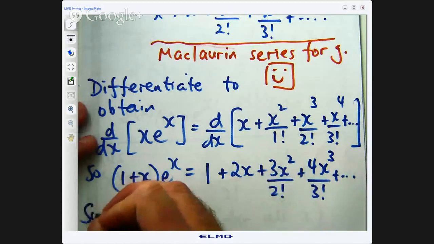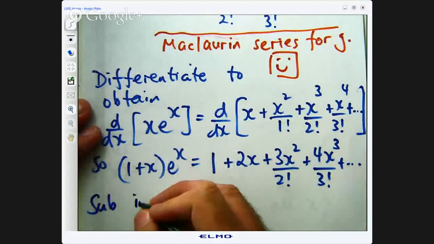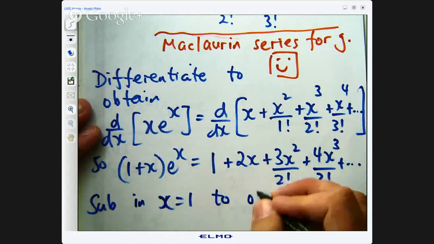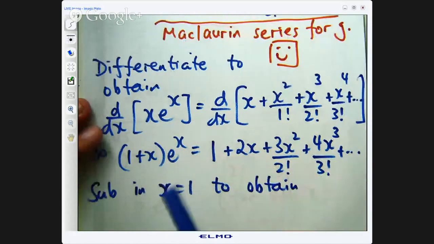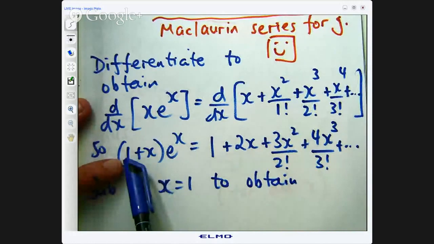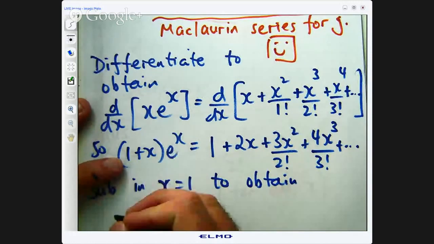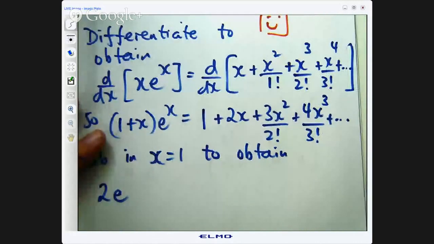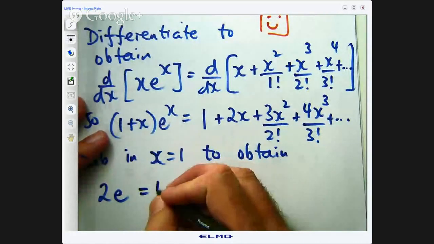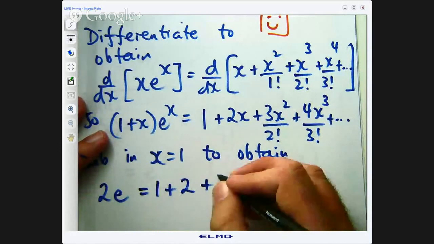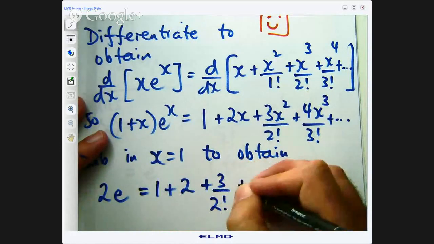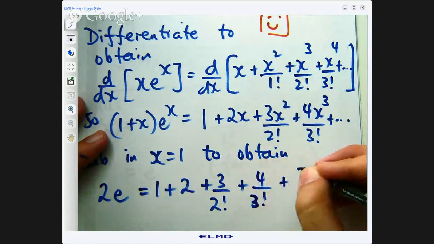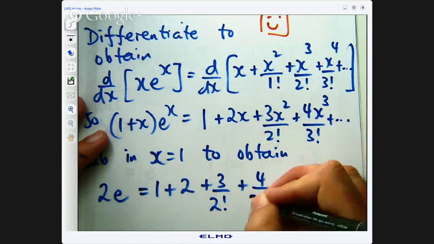So let's put in x equals 1 to obtain, okay, so on the left-hand side, I'm going to get 2e. Remember, e is just a special constant, which is about 2.7183. And on the right-hand side, I'm going to get this. Okay, I can continue that on. Okay, that's 3 factorial there.